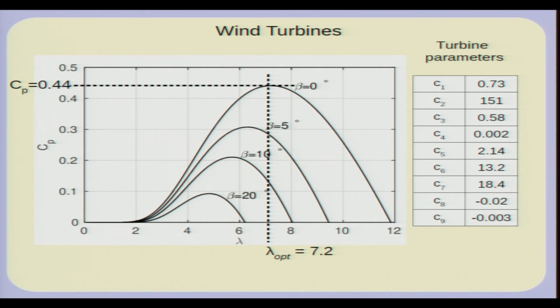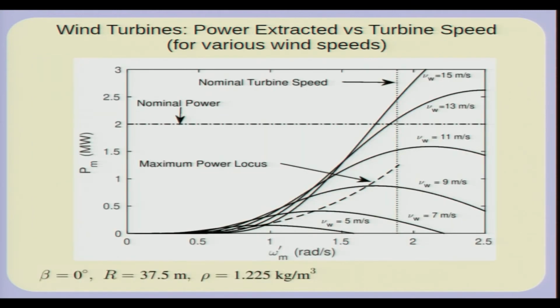So, this is an example of a characteristic of a wind turbine. For various values of wind speed, you can calculate the mechanical power. Let us assume that beta is equal to 0, radius is 37.5, rho is equal to 1.225, and for that turbine which I showed before, I plot Pm as a function of the tip speed ratio, but I do not actually take out the tip speed ratio.